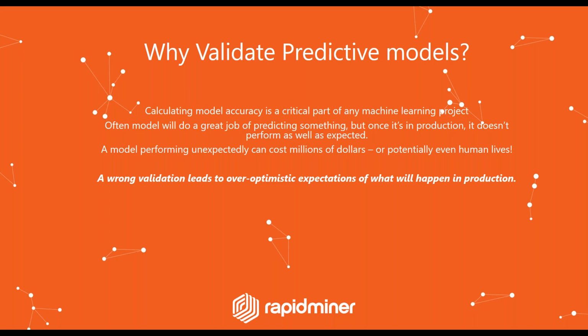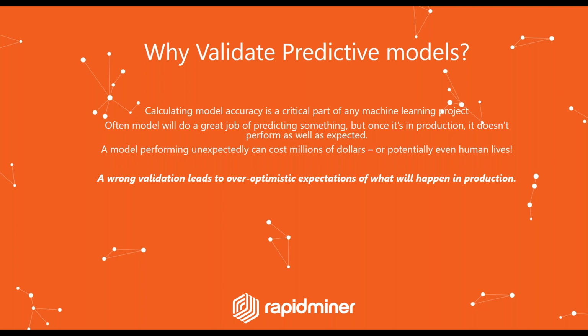So why do we need to validate predictive models? Often data scientists have been in situations where they think a machine learning model will do a great job of predicting the target column, but once it's in production, it does not perform as well as expected.